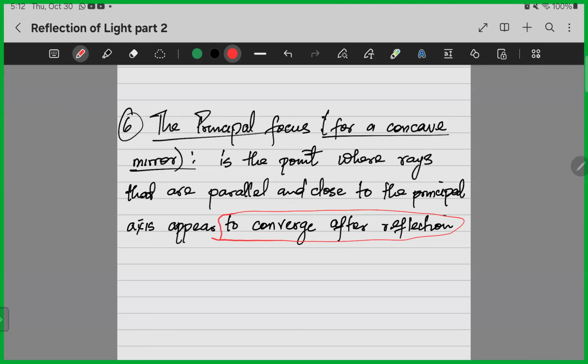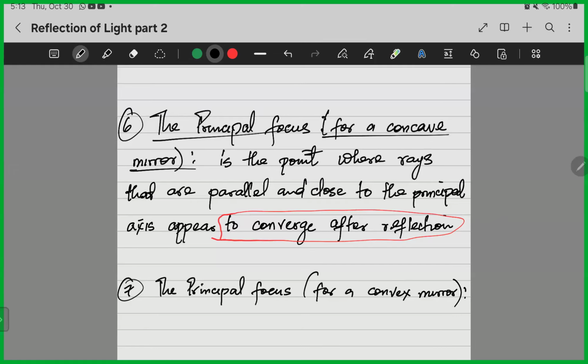So keep this in mind. From the idea I just showed you, we can easily derive the definition for the principal focus for a convex mirror.